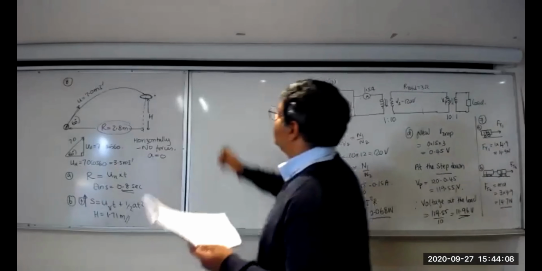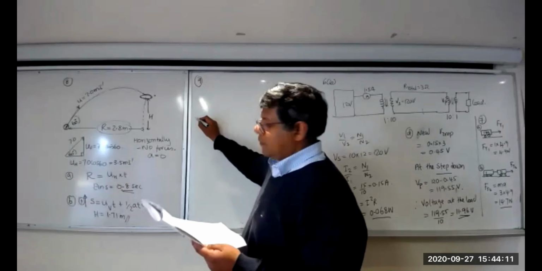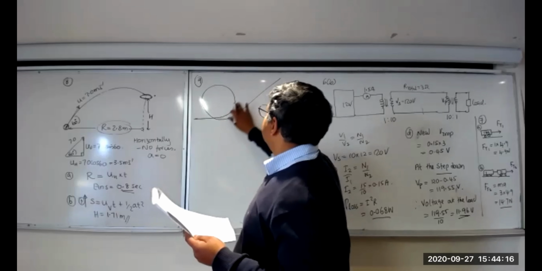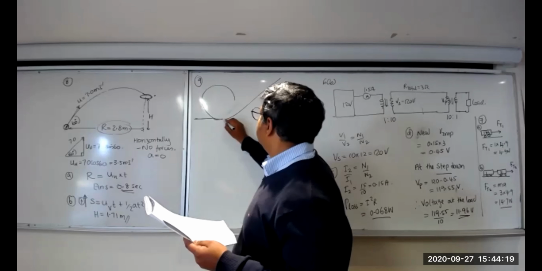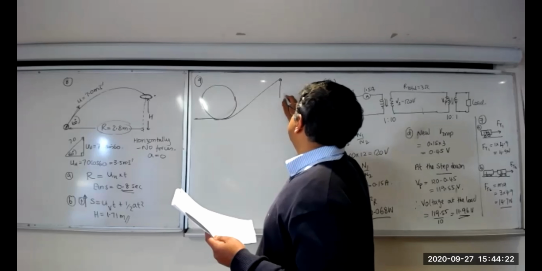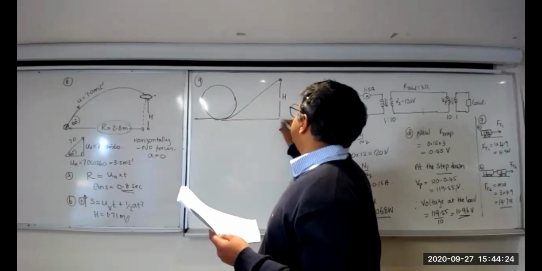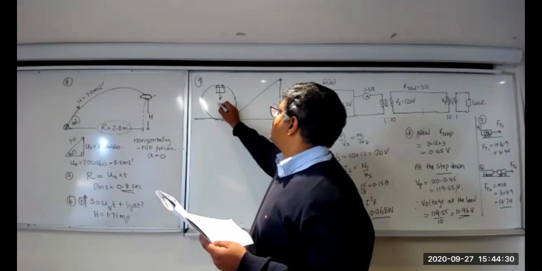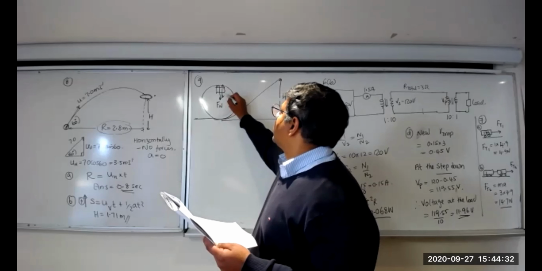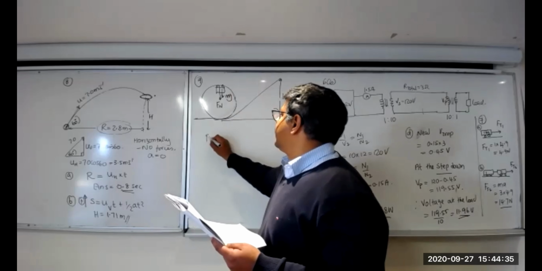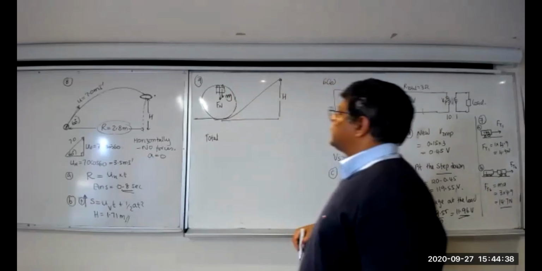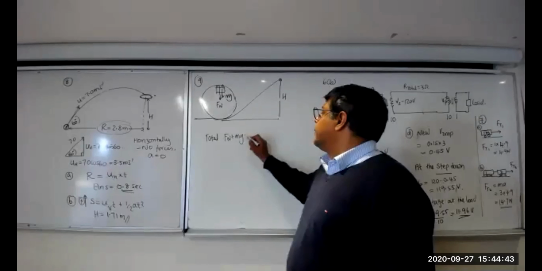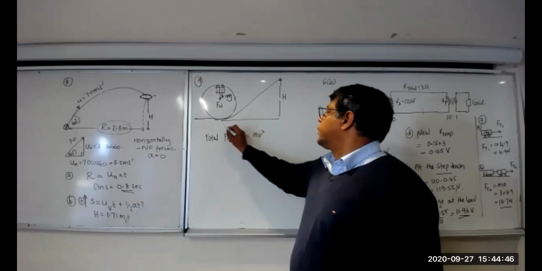Question 9. So start from a certain height. They're asking what's the minimum speed. We know that minimum speed is given by root rg. And let's just refresh how we get that. At the top, remember always net force is a centripetal force. Centripetal force is a net force. So mg plus Fn equals mv squared on r. This is at the top.